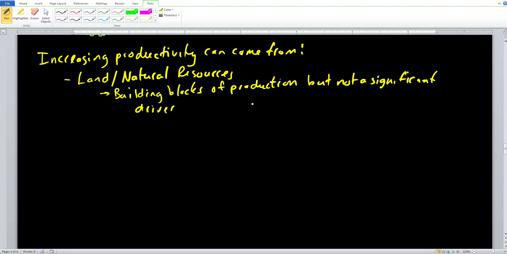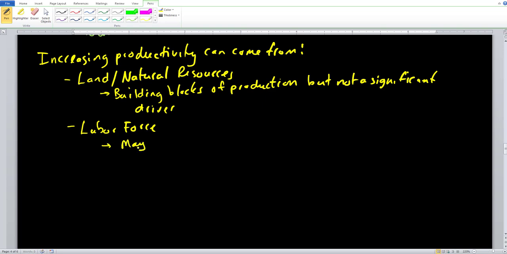The second factor of production that we can take a look at is, of course, going to be the labor force. As we already discussed with our production function, this is probably the least important factor of production or resource we take a look at.